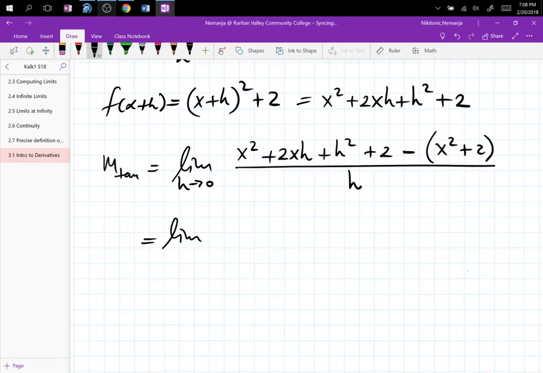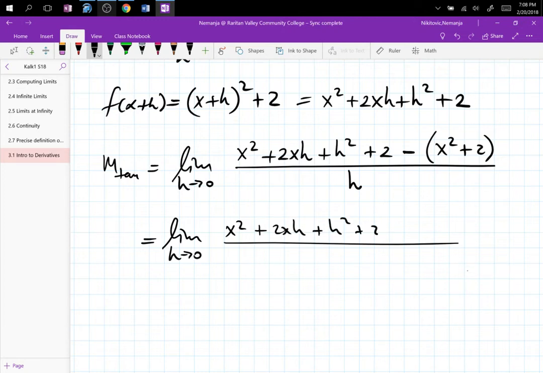Let's have fun. Limit as h goes to 0. I hope you see. Now I'll write it out. x squared plus 2xh plus h squared plus 2 minus x squared minus 2 over h.